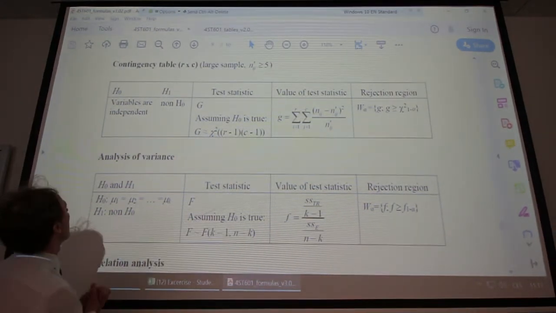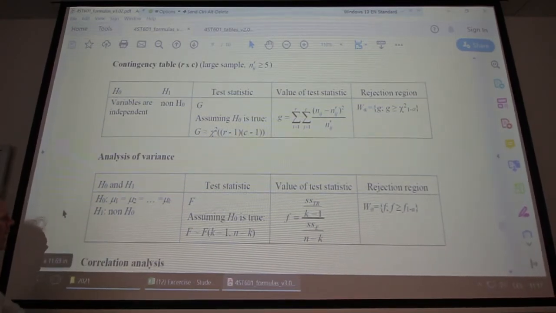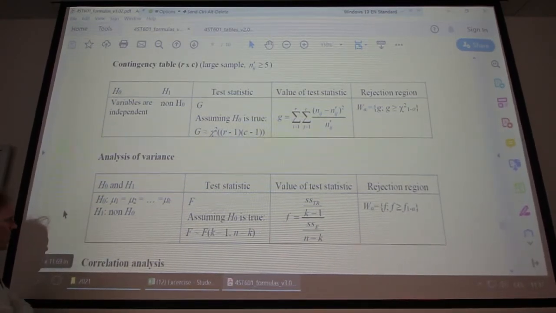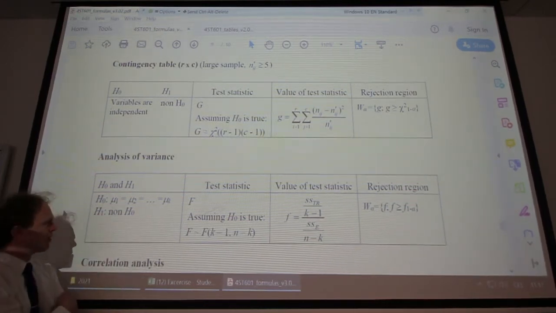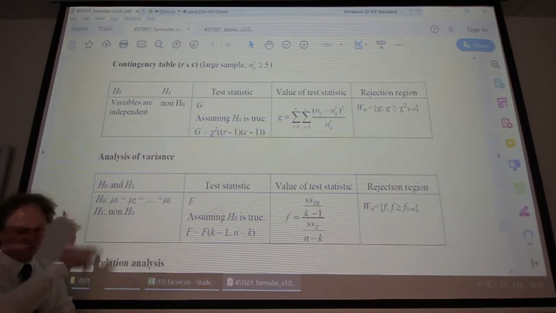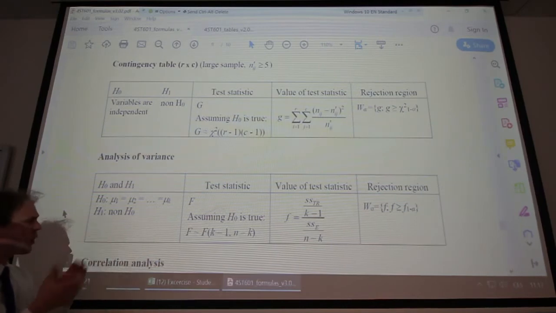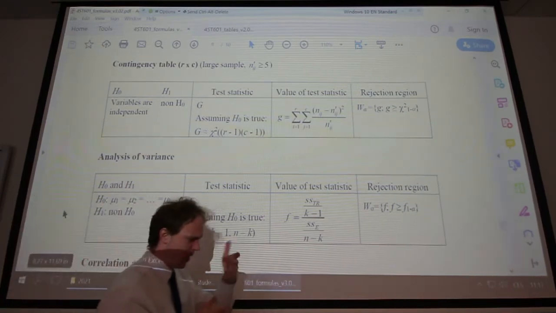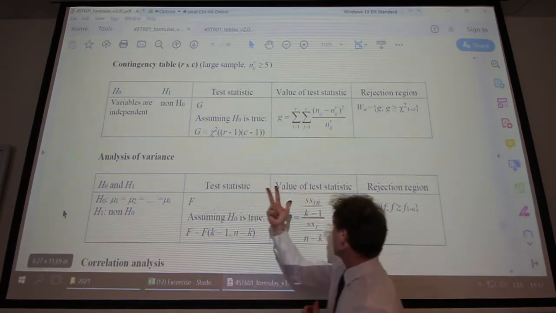This important table, yes? Please check the null and alternative hypothesis. The null hypothesis claims mu1 is equal to mu2, this is equal to mu3, mu4, mu5, etc. until mu k, yes? So the null hypothesis claims equality of at least 3 means.